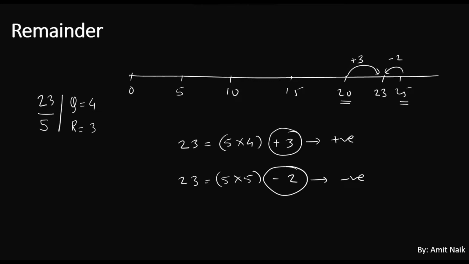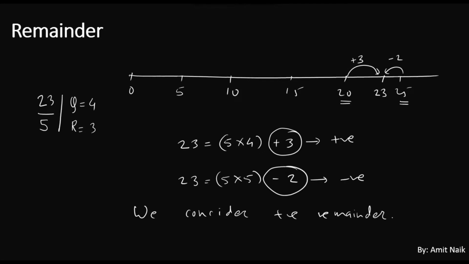One is positive and the other is negative. It is other thing that we always consider positive remainder as an answer, right? When it comes to question solving, we consider the positive remainder as the answer.